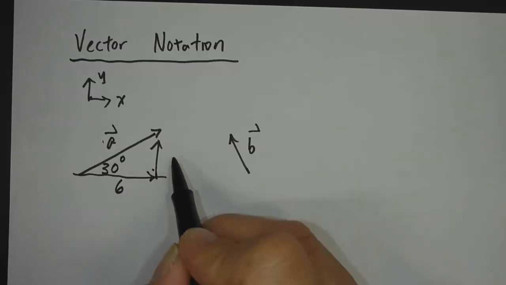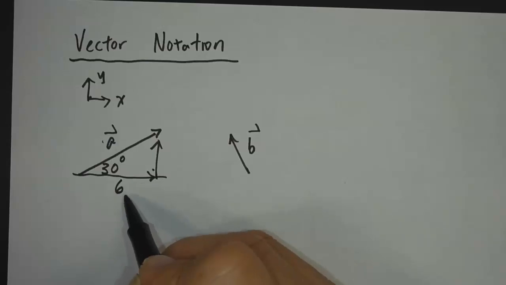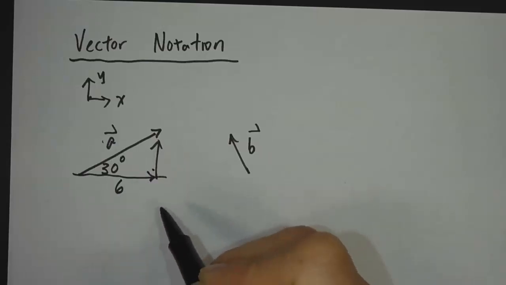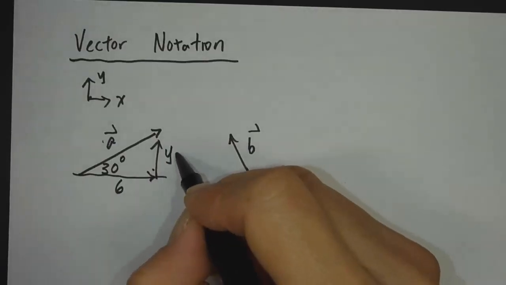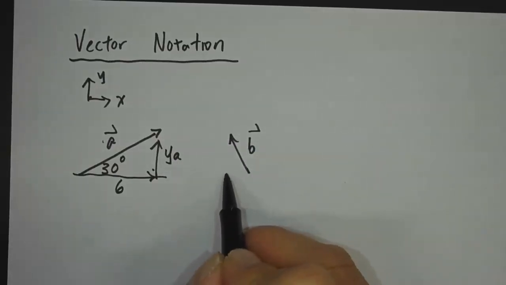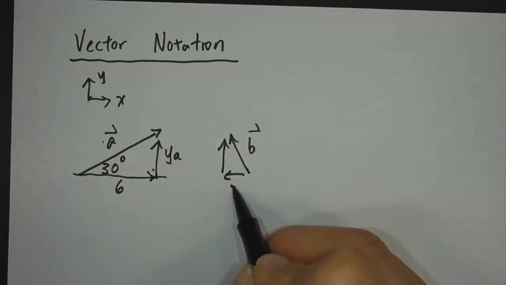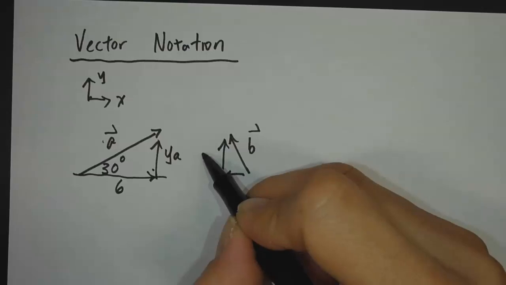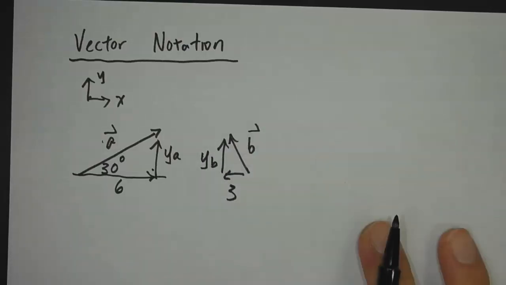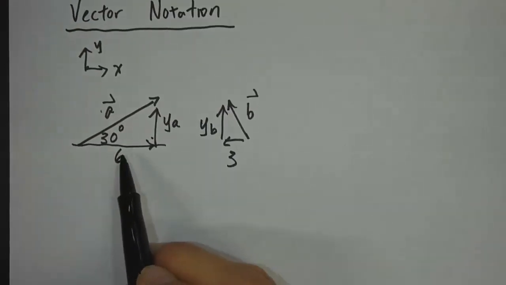So this is 6, and it's 30 degrees, and this side is going to be 6. We don't know the y, we'll call this y A, we don't know that component. And for vector B, we know that the x component is 3, but we don't know the y component. So you just have the angle and one of the sides.